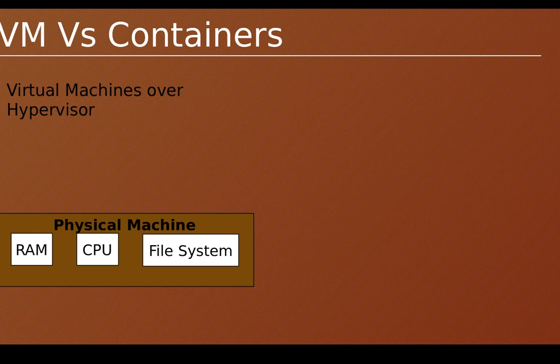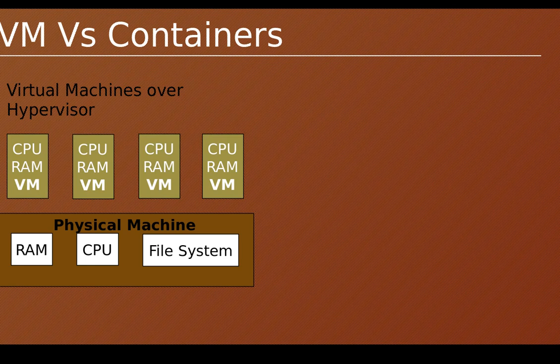Hypervisor is a very big machine which will have a RAM of 100 plus gigs, and those RAMs will be sliced out into multiple CPU or RAM, and that individual slice will work as a new, completely blank machine without an operating system.